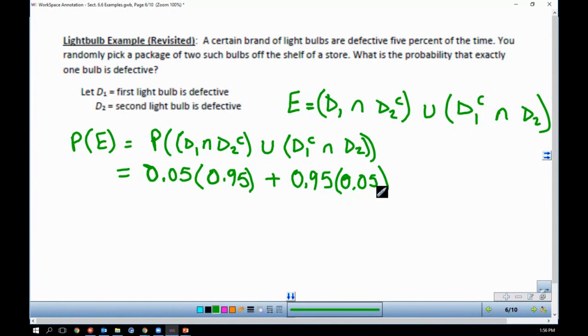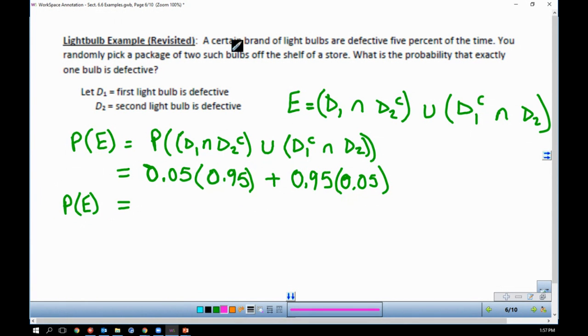So if I multiply and then add, what would I get? Why are we multiplying 0.95 times 0.05? Because the bulbs are independent. Okay. So I kind of left that part out.